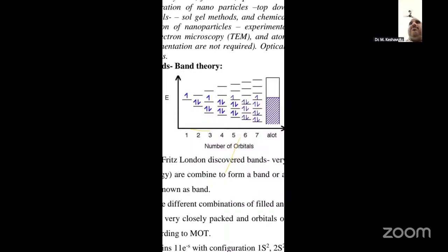If two sodium atoms come closer together, the 3s orbitals can overlap and you get two molecular orbitals. The overlapping phenomenon is based on the linear combination of atomic orbitals. So when two 3s atomic orbitals of sodium overlap in a linear combination, we get two molecular orbitals: one is a bonding molecular orbital and the other is an anti-bonding molecular orbital.